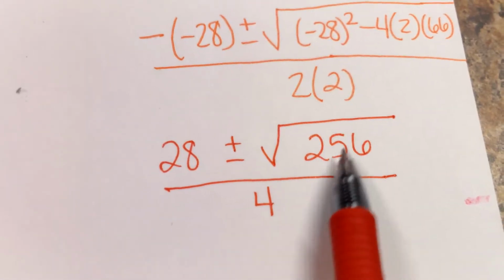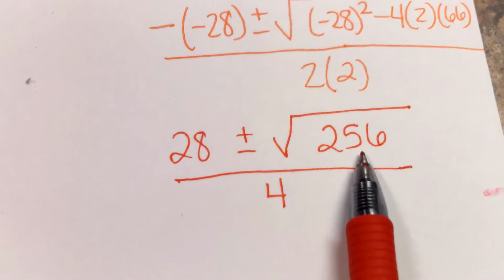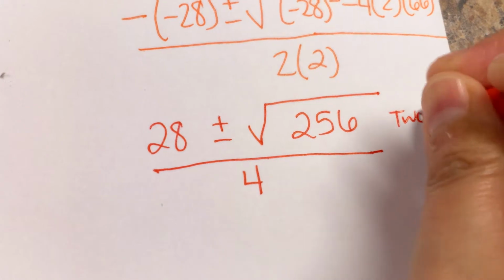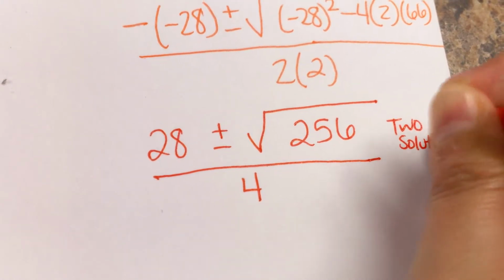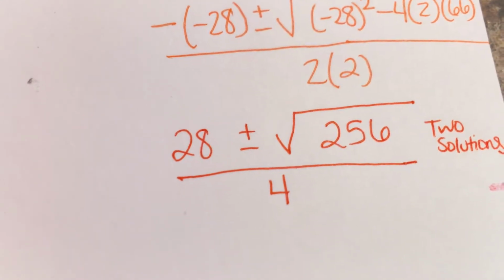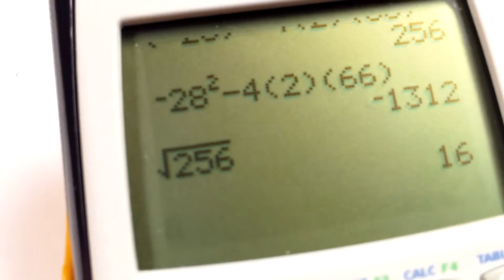Okay, so my discriminant, let's go back here. I got 256. So my discriminant is bigger than 0, so that means I'm going to have 2 solutions. So we're going to get the square root of 256, 16.